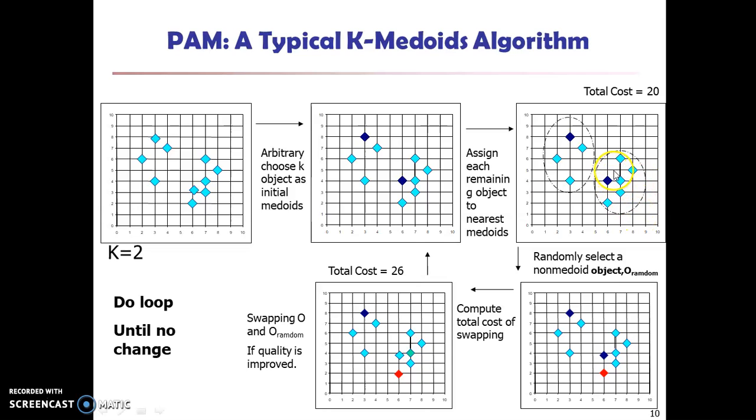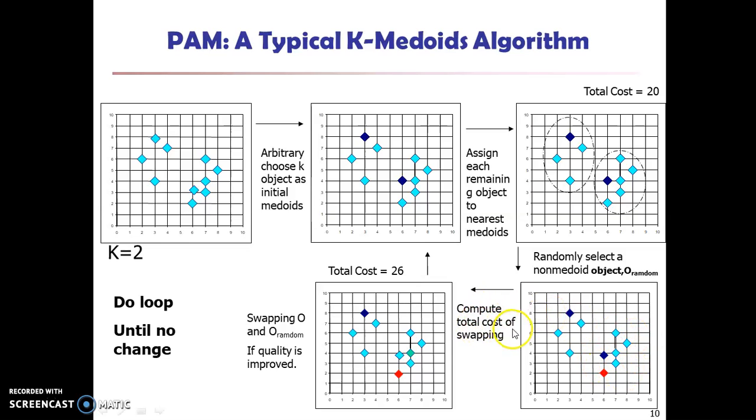Then randomly select a non-medoid object. For example, you can choose this one as a medoid. It will be moved into the medoid position, and with this data point you need to identify all other data points, which can be moved towards this medoid. Then you create the clusters.